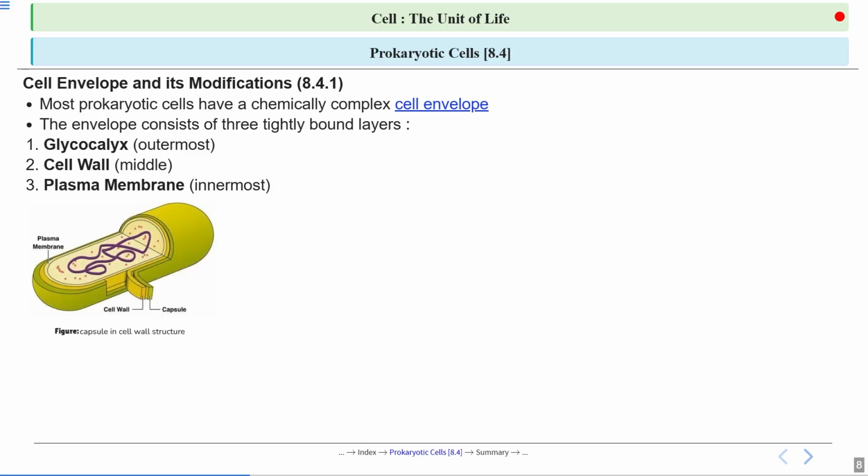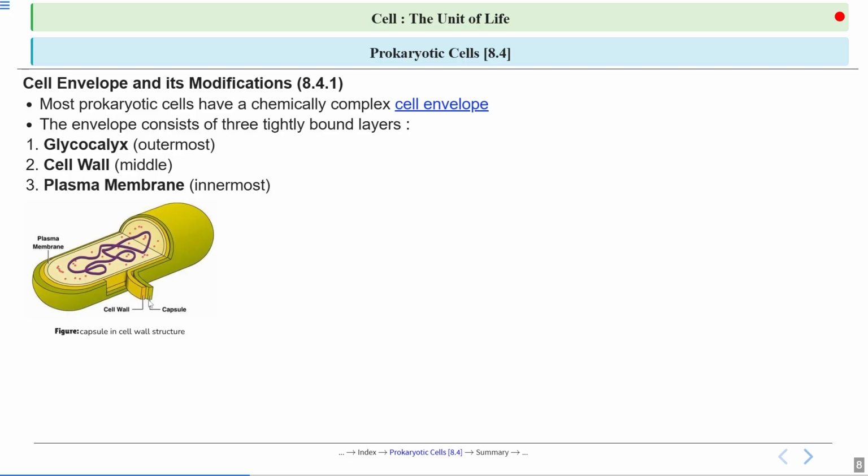Here you can see an image showing you the capsule in the cell wall. Sometimes glycocalyx is also referred to as capsule, but when the glycocalyx becomes very thick, then it is known as the capsule. We'll talk about this capsule and the slime layer also.